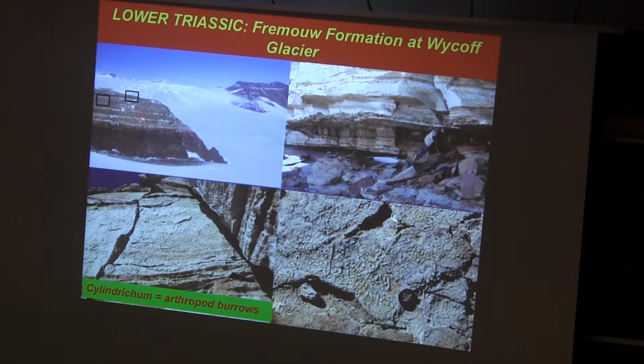The green color represents floodplains. Up close, this material represents braided rivers and abandoned channels, and a lot of these have fantastic burrows in them. These burrows represent the trace fossil Cylindricum, some sort of arthropod burrow.